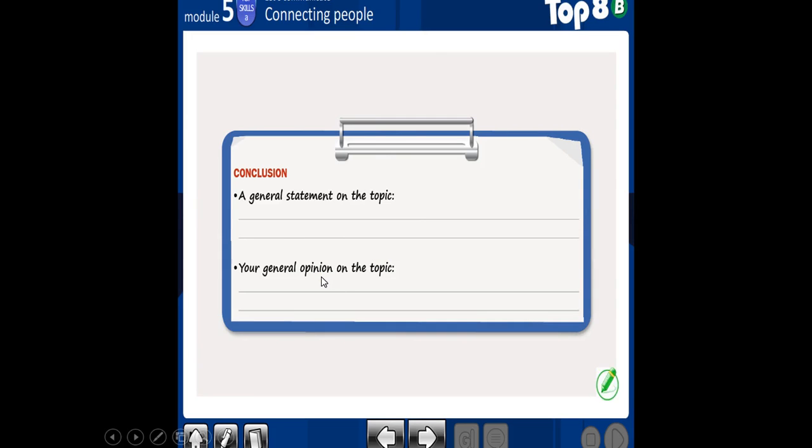And you conclude with your general opinion. You say mobile phones should be used wisely, for example. Or finally, we should get the benefits of the advantages of mobile phones and use them wisely, and not look for the disadvantages, for example. In a sentence, to conclude your writing.